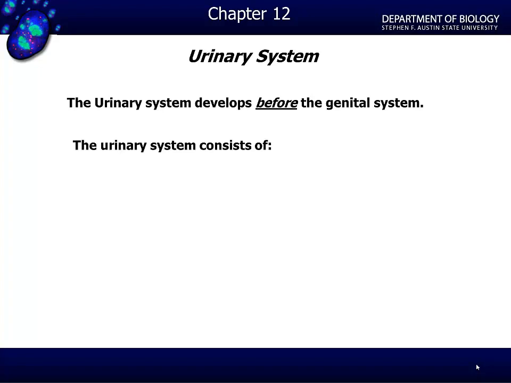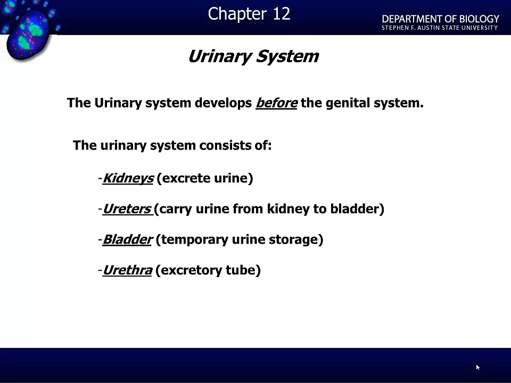And the urinary system is going to consist of these adult structures, our kidneys, which are going to function to produce the urine, the ureters, the transport conduit that removes the urine from the kidneys to the bladder for temporary storage, and then at last for the expression of the urine through the urethra to the outside of the body. So these are the structures we're going to be developing in our embryo.